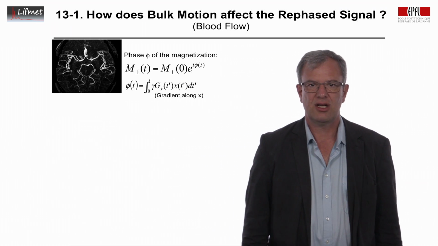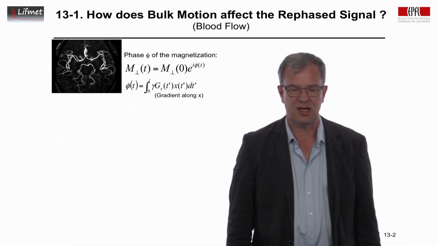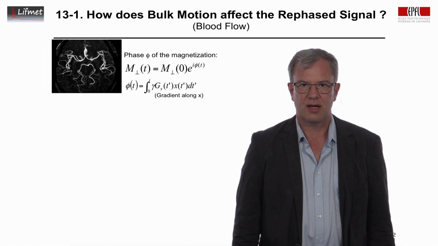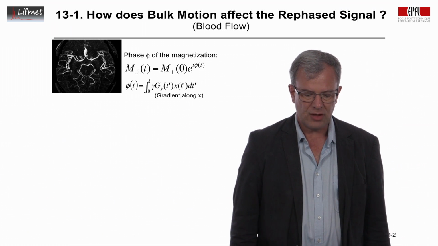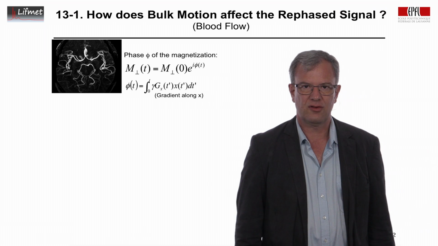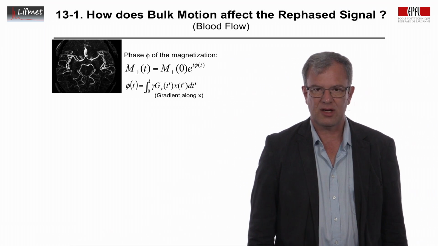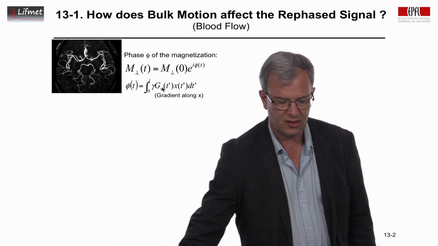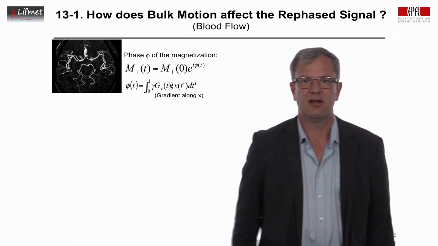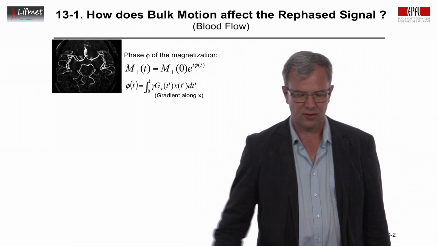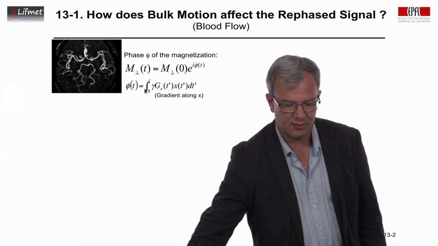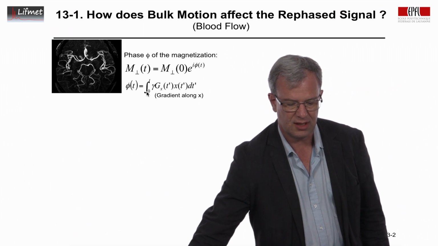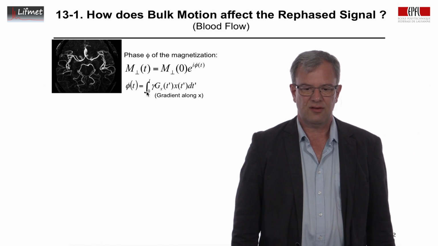In very general terms, we have seen it is given by the integral of the gradient times the position with time. There's a gamma in there, of course, to get the phase. This particular equation is for the case of a gradient along x. Here t prime denotes the integration variable, just to distinguish it from the time t, which is this variable here. That's the integral from 0 to t. So this is the phase that we obtain.